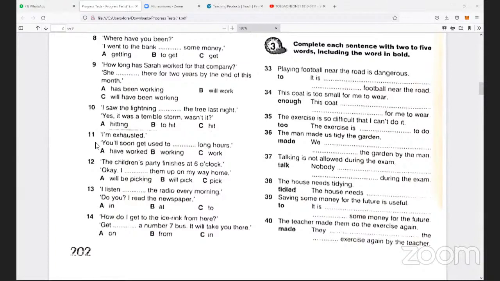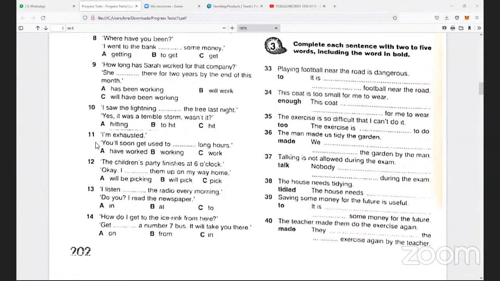You'll soon get used to working long hours. Perfect. 12. Okay, I will pick them up on my way home. Very good.